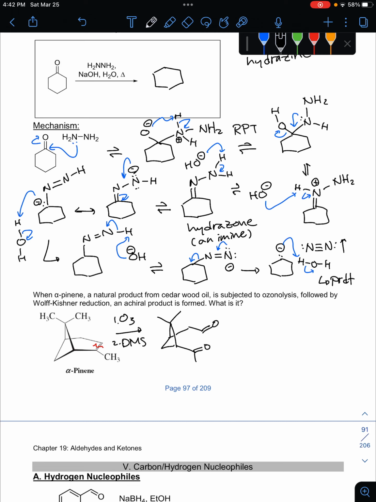So what does that mean? If we use excess hydrazine, so that we have enough to react with both that aldehyde and this ketone, we should end up with an alkane. Oops.